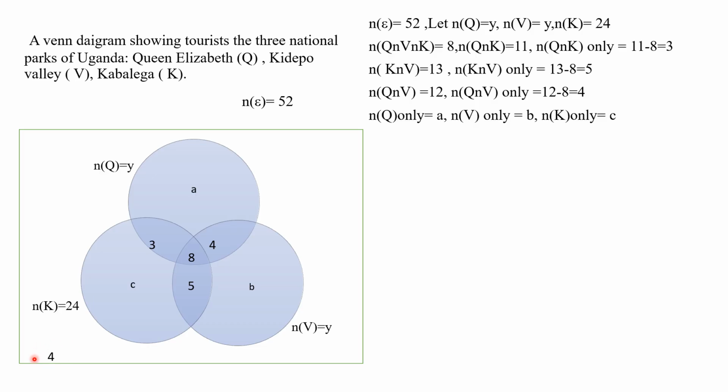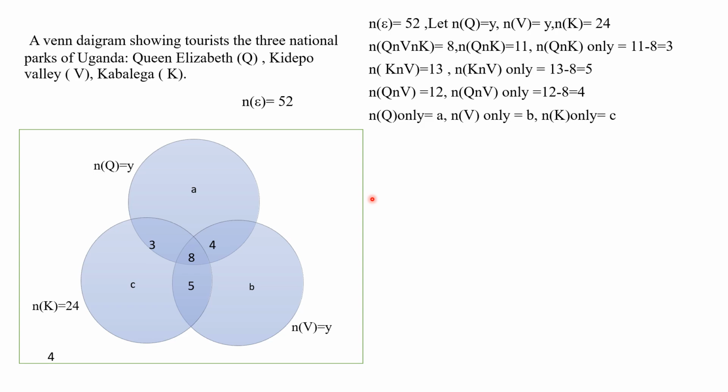And then those who had not visited the 3 national parks were 4. Now, I'm going to ask myself, first of all I'm seeing 4 unknowns, because I'm seeing here A, B, C, at the same time Y. And now I'm going to ask myself, is there any condition that I've put in the scenario? I'm not seeing it.